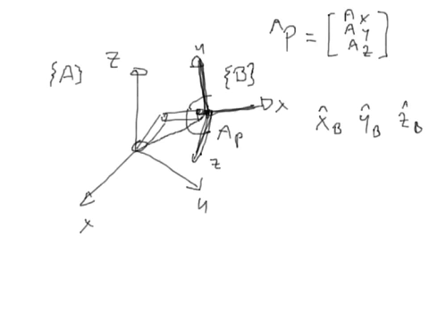And now we want to express these vectors in the coordinate system A, so we indicate them with a superscript. Now what is interesting here is that these three vectors are each 3 by 1 vectors, so we get a total matrix which is a 3 by 3 matrix.